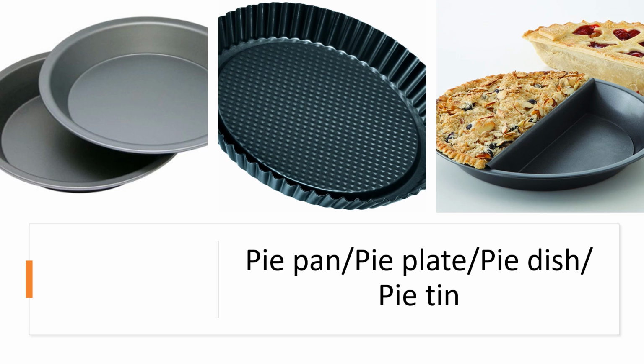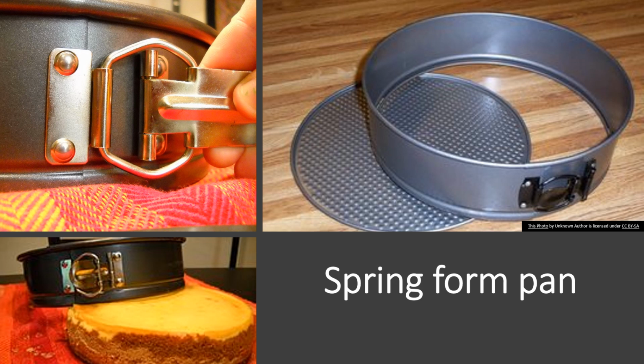It is a round, shallow, slope-sided dish with a flat or fluted rim to hold the edge of a pie crust. A spring-form pan is a baking pan with removable bottom and side that release with a flip of a spring mechanism. It is used to bake a cake that would otherwise be damaged by turning it upside down to remove it from the pan.